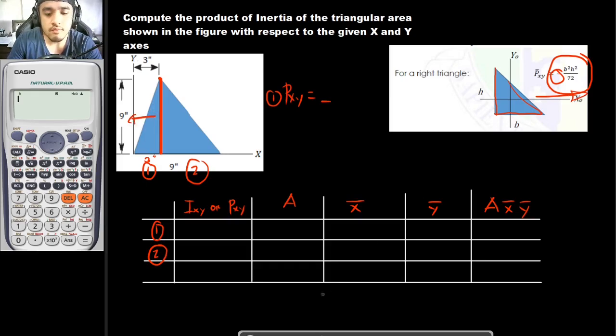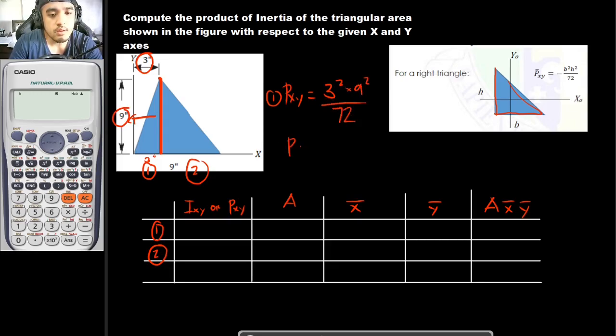So instead of it being negative, we would now be removing the negative symbol. So there it should be positive. And BH squared over 72 is as follows. Our base is 3, so 3 squared, and our H is 9, so times 9 squared, divided by 72.